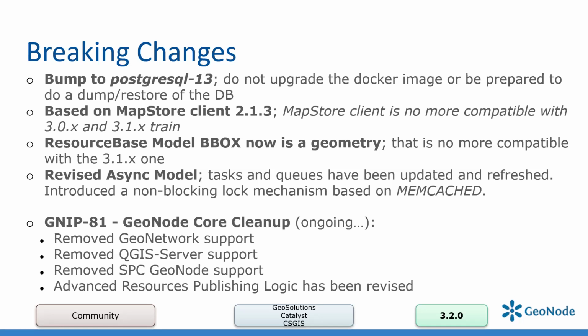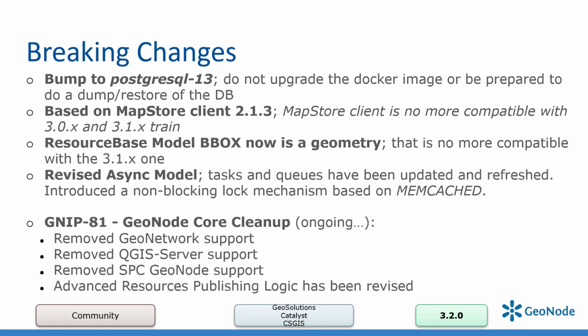Also, we are starting to clean up things that basically were not maintained by anyone because, for some reason, we lost the original developers, or the community did not manifest any special interest.